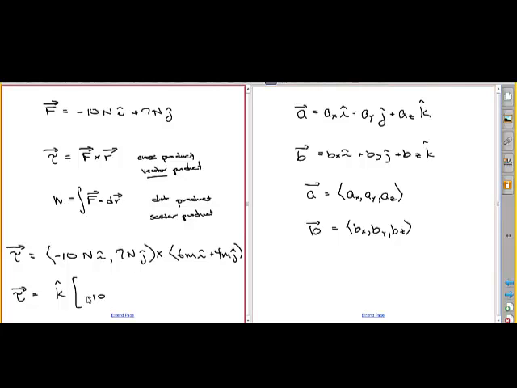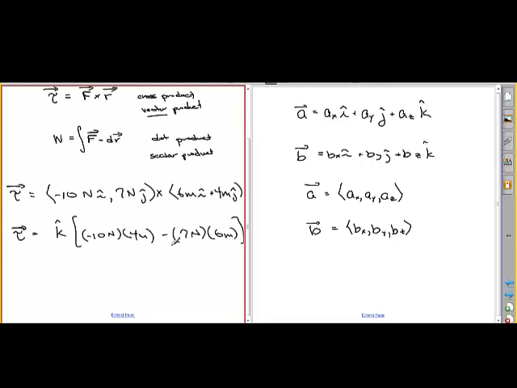So you'll have negative 10 newtons, A sub x, times B sub y, which is 4 meters, and then you subtract 7 newtons, which is the B sub x, times A sub y. So those two multiplications are going to give you numbers, and so we get the torque vector is, okay, let me find my calculator.